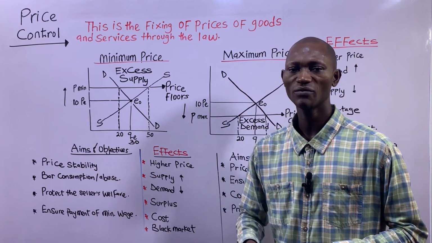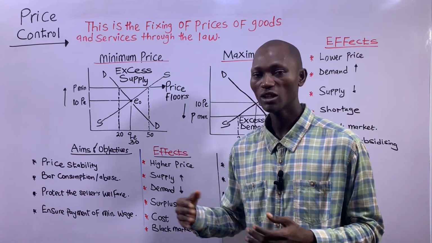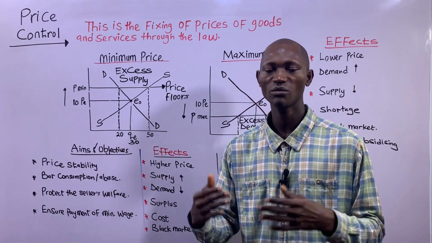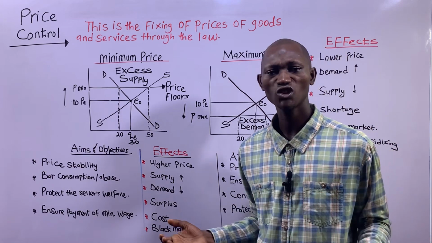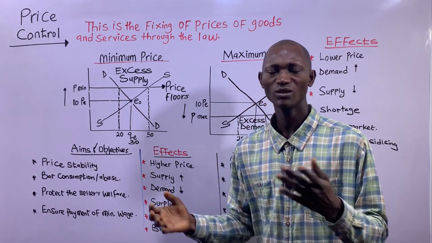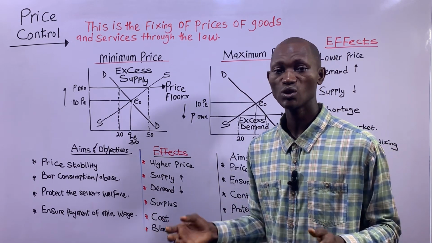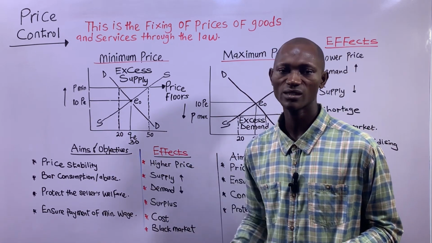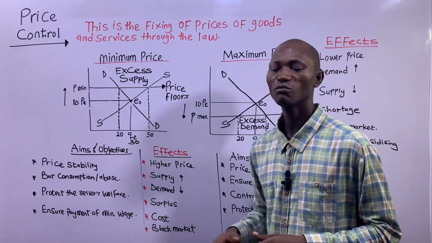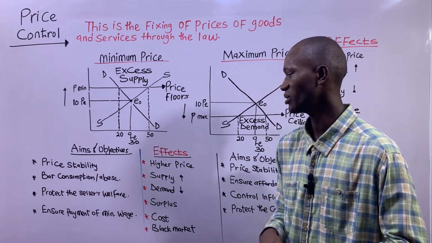So it's also one of the reasons, in order for the producers or sellers to be able to cover the cost of maintenance, cost of repair, cost of insuring the business, and all of those costs that are attributable to running the business. So these are some of the aims and objectives of minimum price legislation.